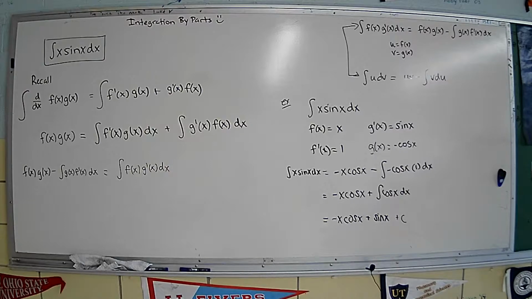Okay? So that's where we'll start. Things that make good F's are like powers of x, right? Things that make good G primes are trig functions and exponentials. Those are easy to anti-differentiate, right?